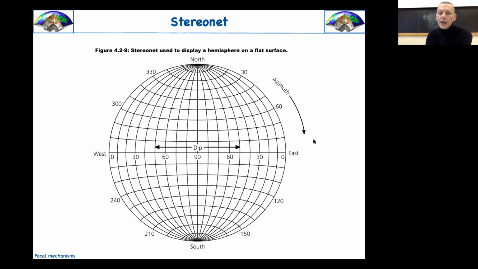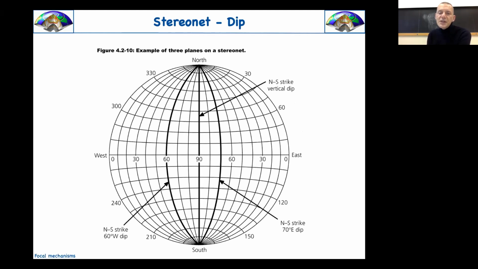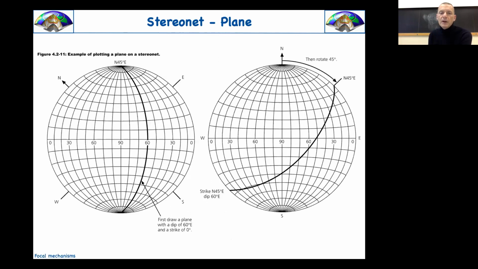So, for example, you can measure here the azimuth of a fault, the dip of a fault, and so on. So it's easy to plot different faults with the same strike, that is 0, for example, with different dips. You will see these are different lines. It's just an example to show you how simple it is.